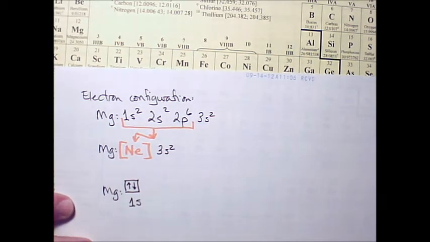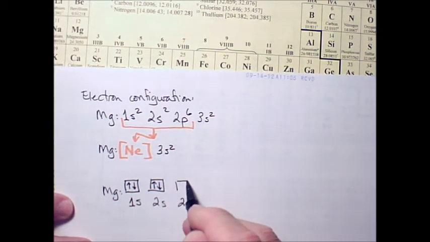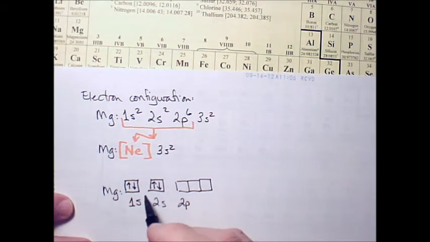Okay. All right, then we come to 2s. 2 electrons. The s sublevel only has 1 orbital. And then we're going to go to 2p, and the p sublevel doesn't have only 1 orbital. It has 3 of them. 1, 2, 3.